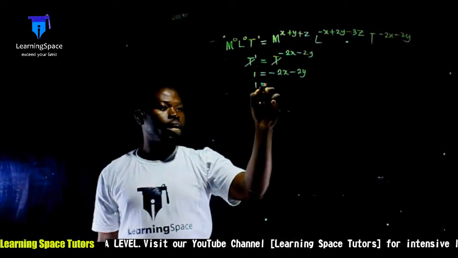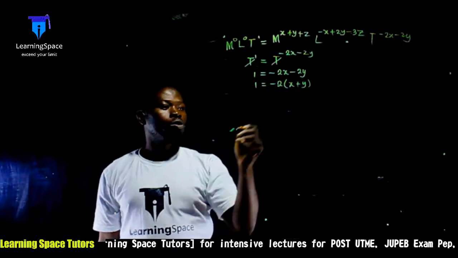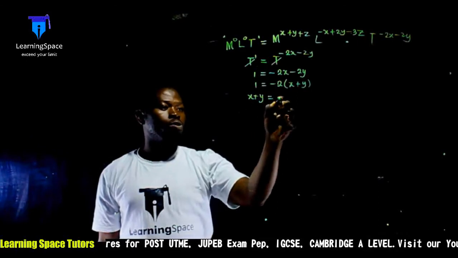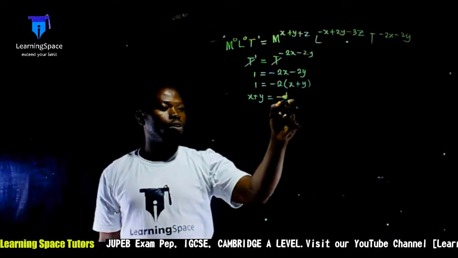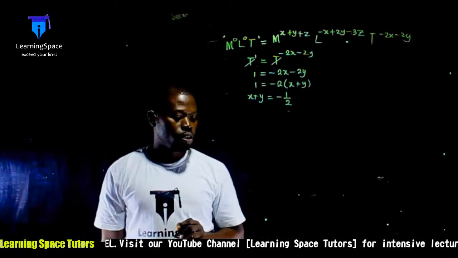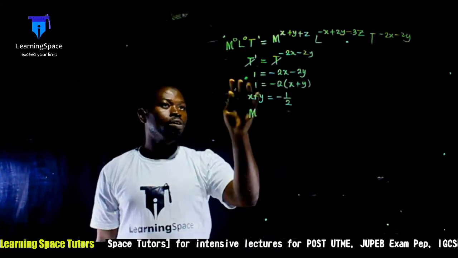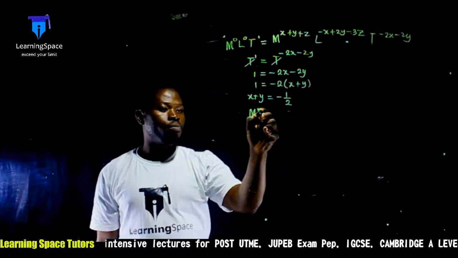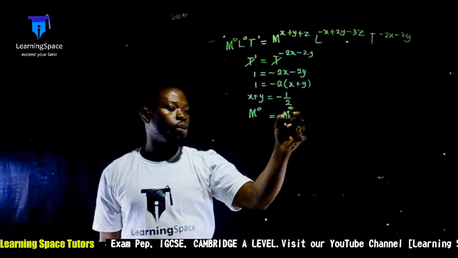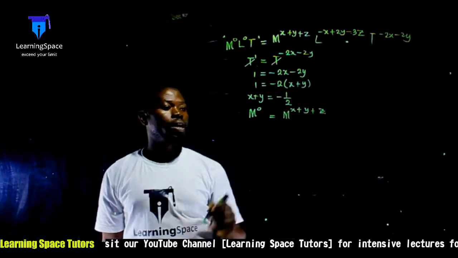Now we can collect like terms here. We have -2 into bracket x + y. So from here, we know that our x + y is equal to -1 over 2. This is a trivial thing here. Now for M, on this side it is M^0, but M on this side is M^(x+y+z).